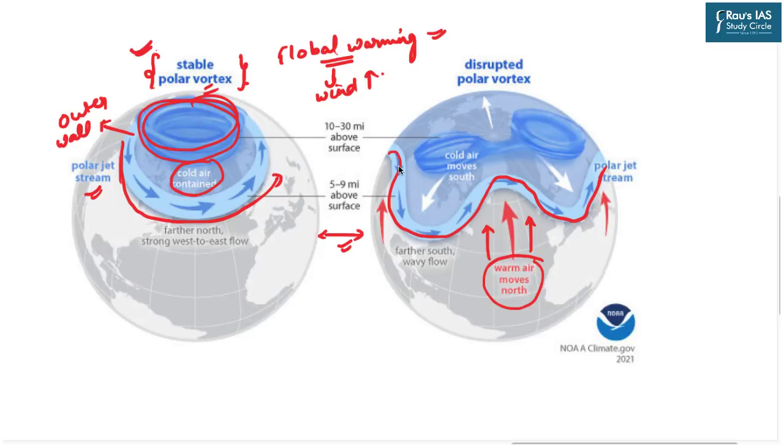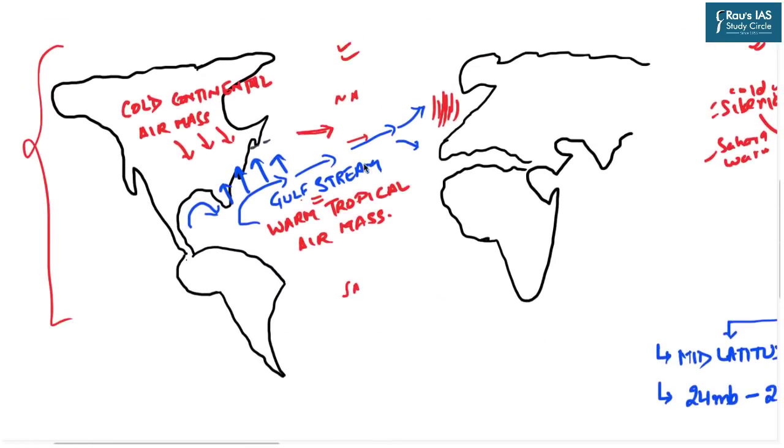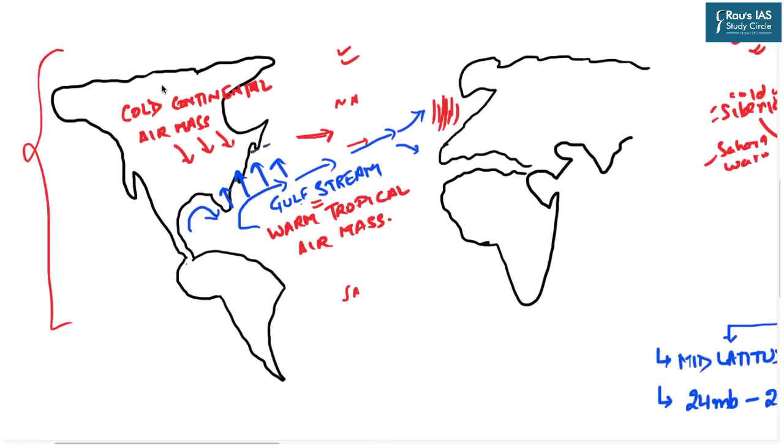But now, because of the southward meandering of these polar jet streams, this cold air moves towards the south. And that is exactly what happens in the USA. In the winter months, because of the disruption of the polar vortex, the cold air which was earlier contained within the band of the polar jet stream moves towards the south, and that is why the cold wind from the region of Canada comes towards the region of the US.